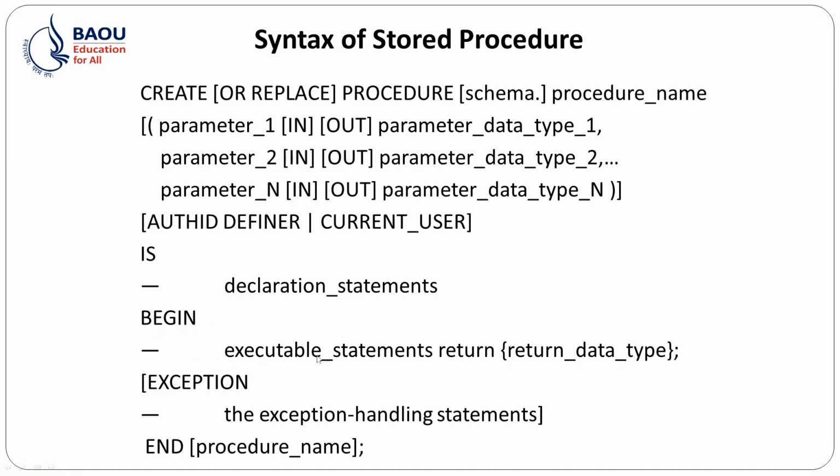Here in the BEGIN part, our logic is here, the executable statements, and then the return statement is also written here, which value it will return. But in a procedure, there is no return part. It automatically uses the OUT parameter mode, so it returns the value. And then the exception section, it is optional, not compulsory.